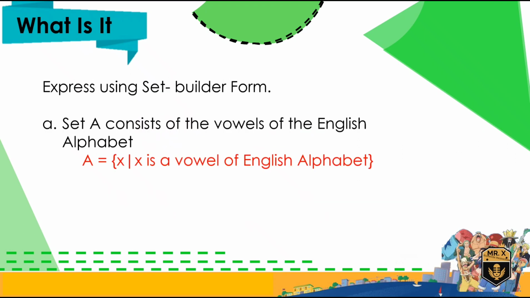Now, let's express a set using the set builder form. So, example, set A consists of the vowels of the English alphabet. So, ato siyang masuwat nga form, no? A equals. So, ang pagbasa ani is we read that set A is the set of all X such that X is a vowel of English alphabet. Yan na.